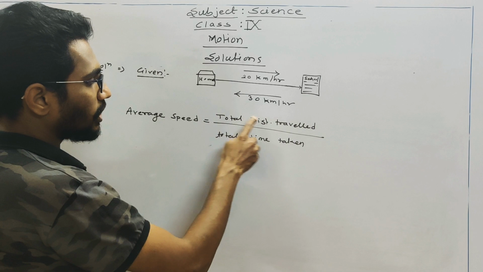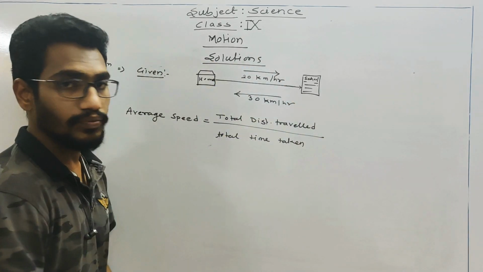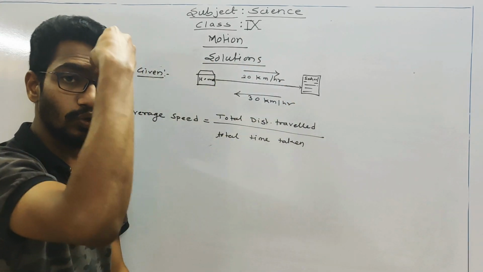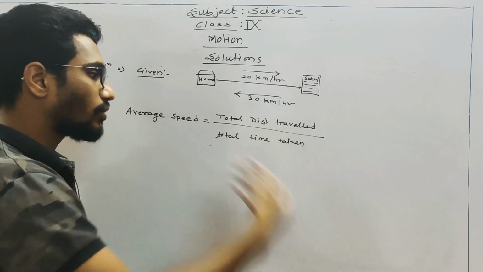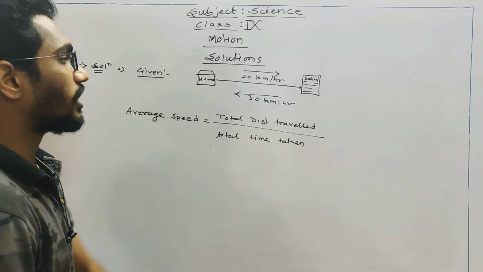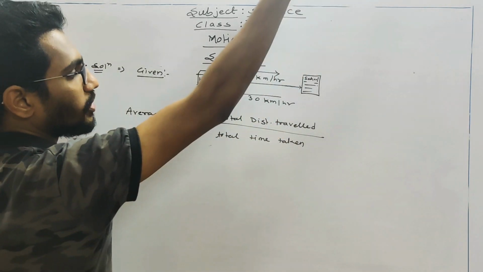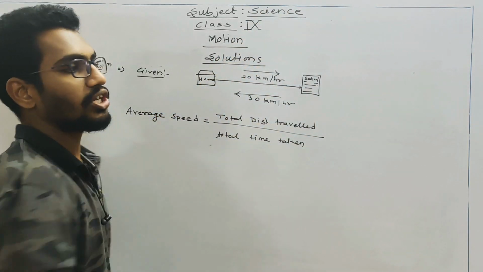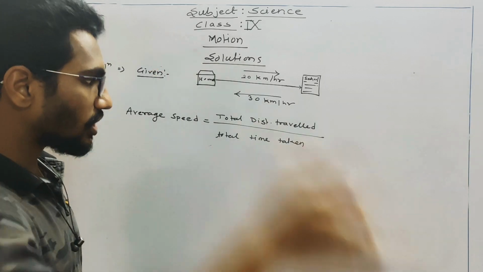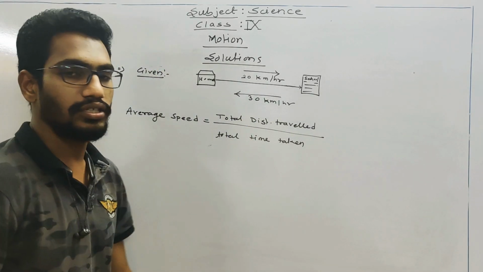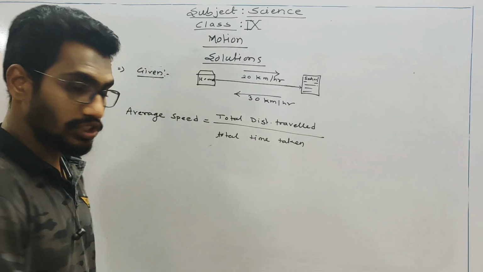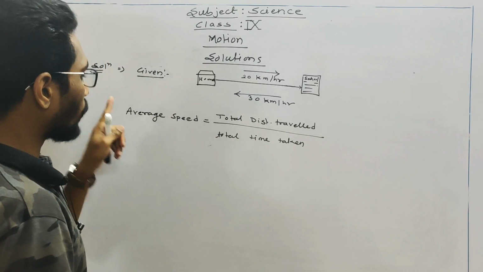That is, total distance traveled, we don't know the distance. Total time taken, we don't know the time even. So we don't have distance, we don't have time. So how to get the average speed then? We have only the information 20 km per hour, जाते हुए, 30 km per hour, आते हुए. So first think about how to get the distance and time because we require that. That is the way to solve the question. First write down what you have to find out, average speed.